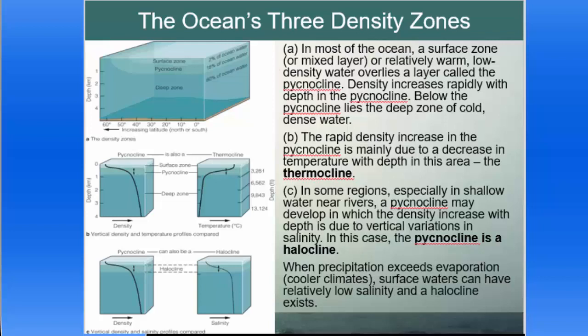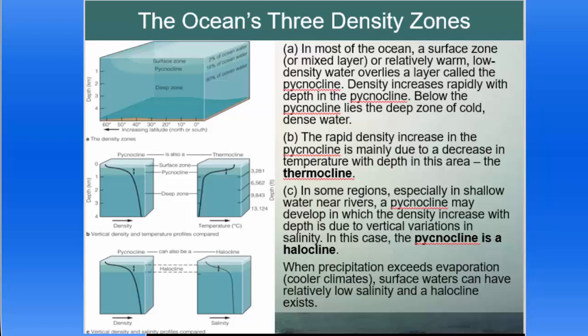So in most of the ocean, a surface zone, a mixed layer of relatively warm, low-density water, overlies the pycnocline, where density rapidly increases with depth. Below that lies a deep zone of cold, dense water. The rapid density increase in the pycnocline is mainly due to a decrease in temperature with depth.